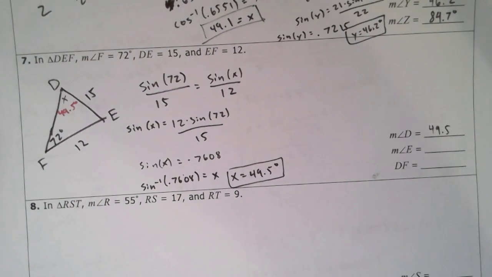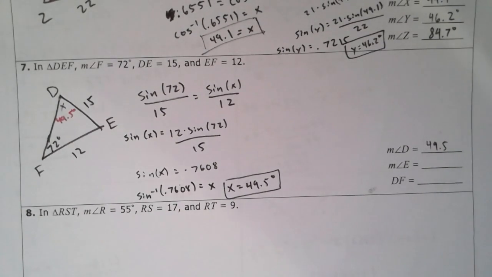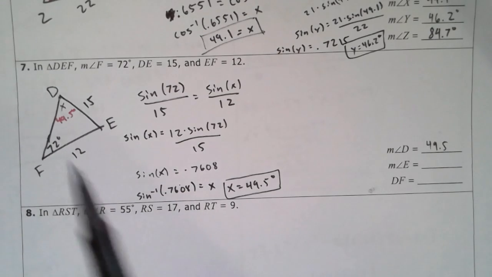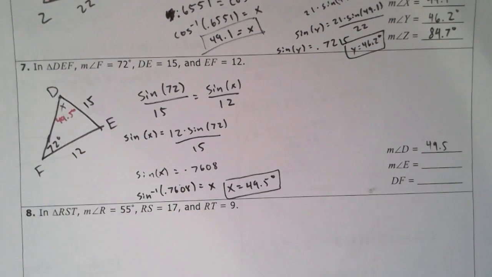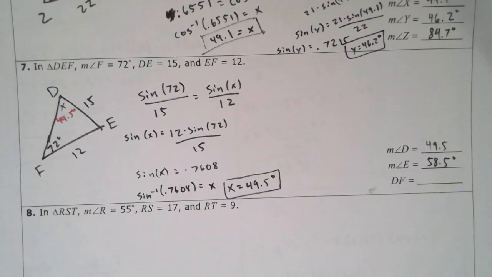We need to find angle E. Oh, it is asking for it, sorry, I didn't even realize. So you subtract 180 minus 72 minus 49.5, and when you do that, you're going to get that angle E is 58.5 degrees.